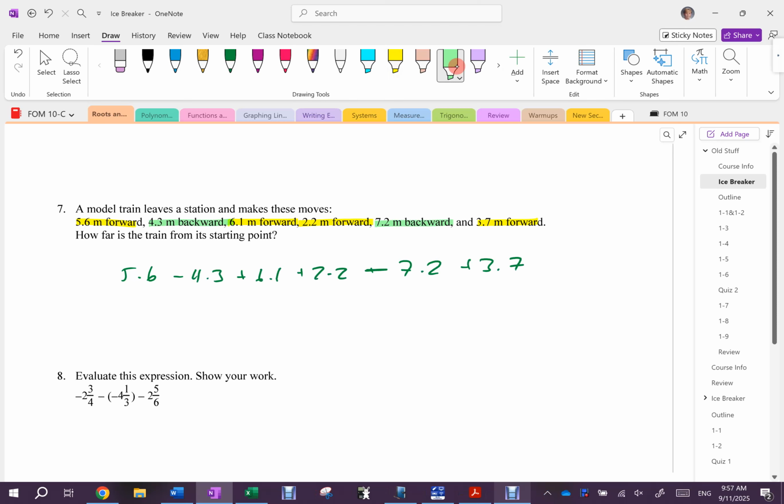The answer is, I would have to do it in my head. 11.7, 13.3, 17 minus 11.7 is 6.3, 6.4, 6.1. And since it's positive, it is what? Forward. 6.1 meters forward.